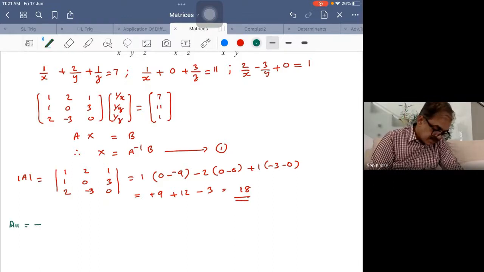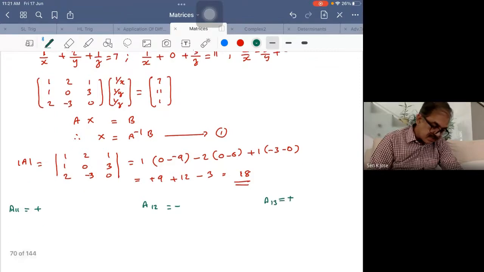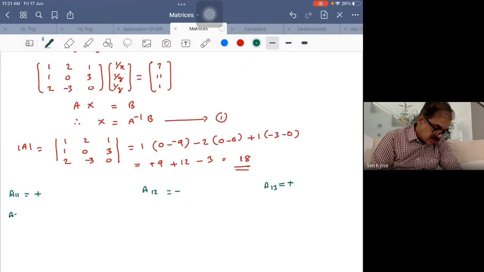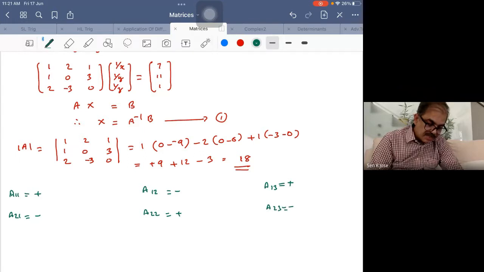A11 will be plus of, A12 will be minus of, and A13 will be plus of. A21 will be minus, A22 will be plus, and A23 will be minus. A31 will be plus, A32 will be minus, A33 will be plus.